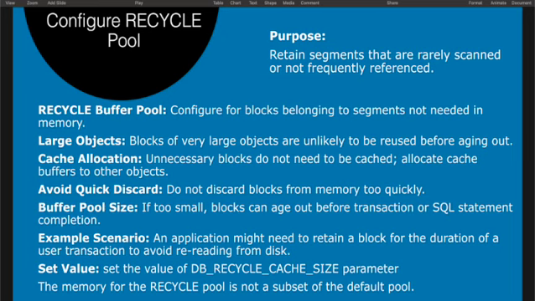To estimate its size, add the blocks used by all objects assigned to this pool. If you gather statistics on the segments, query dba_tables.blocks and dba_tables.empty_blocks to determine the number of blocks used.